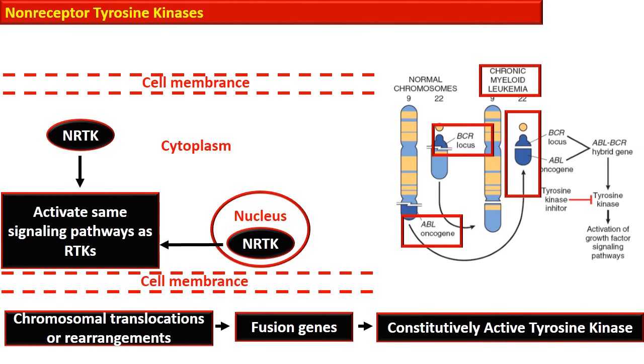So when this tyrosine kinase is active, there is activation of the growth factor signaling pathways. This tyrosine kinase activity can be inhibited by inhibitors of tyrosine kinase. Many different tyrosine kinases consist of a chimeric protein in which a non-tyrosine kinase partner drives self-association with the tyrosine kinase.